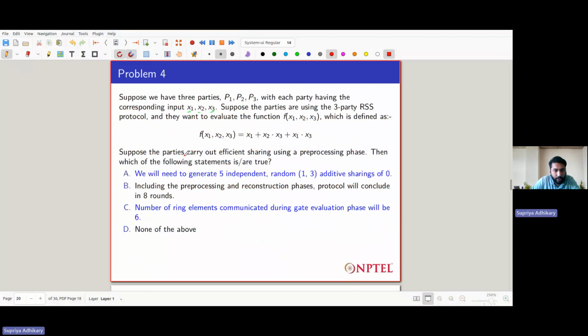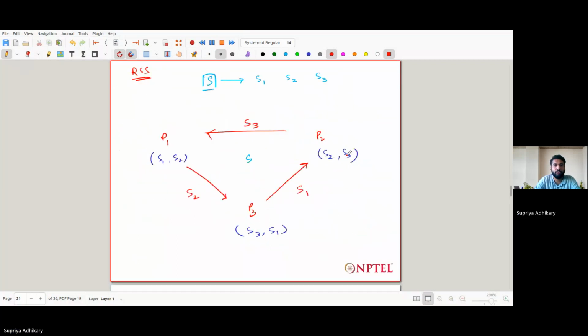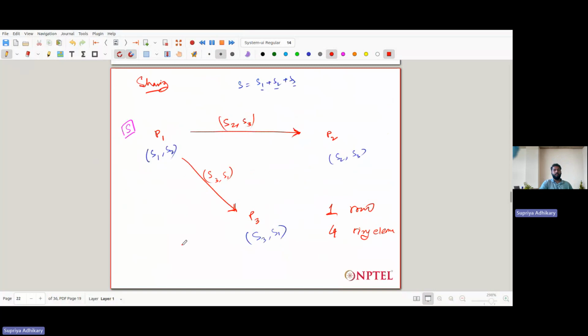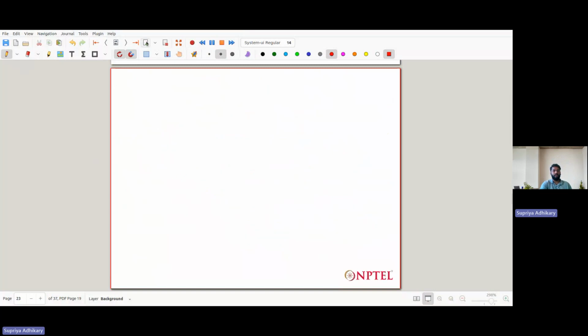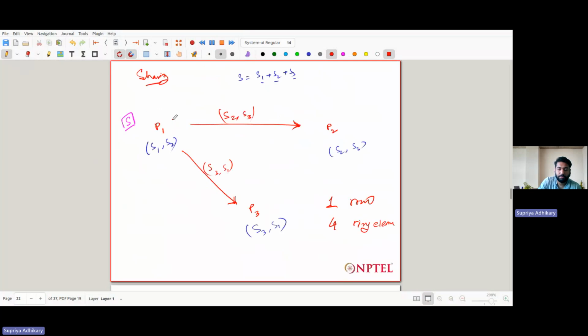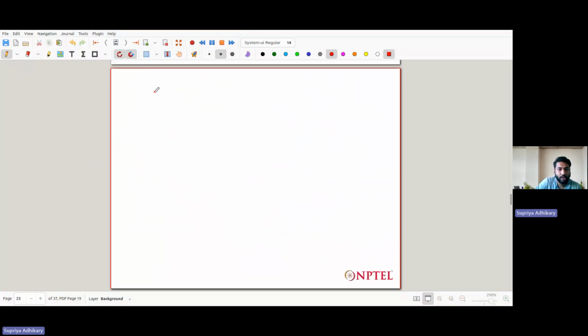But as we have seen, these parties carry out efficient sharing using a pre-processing phase. So even though this is valid, these parties use some pre-processing for the sharing and the evaluation phase.